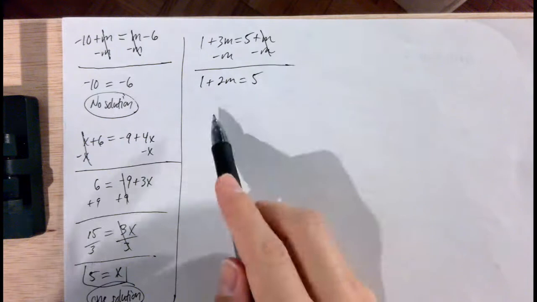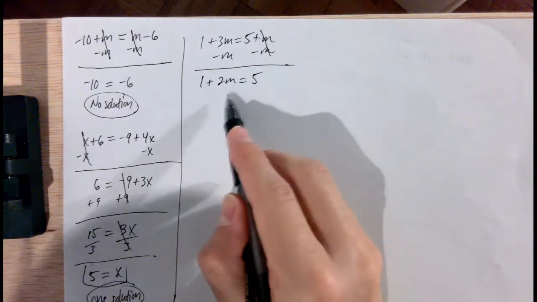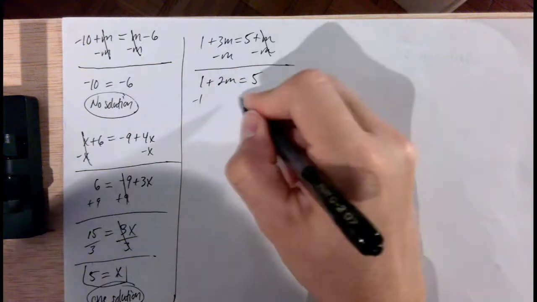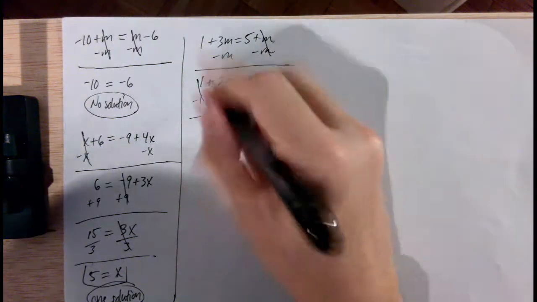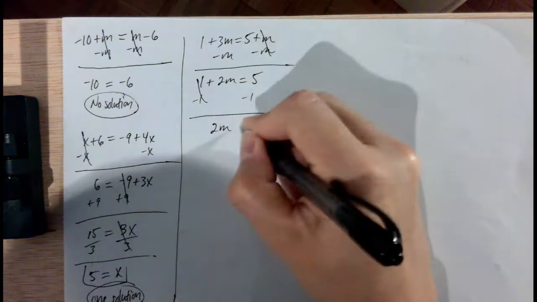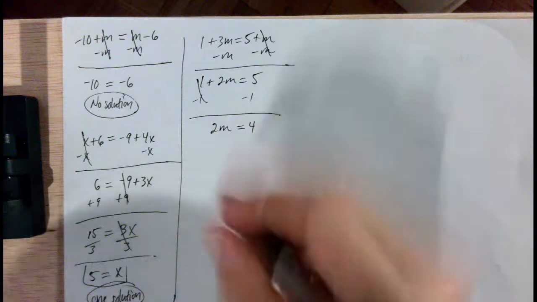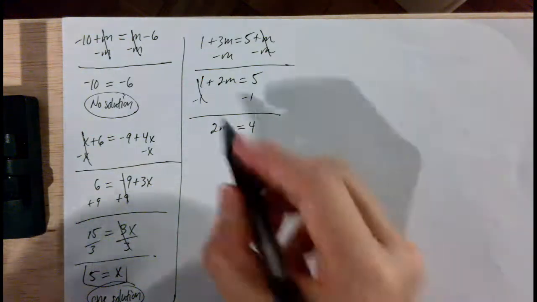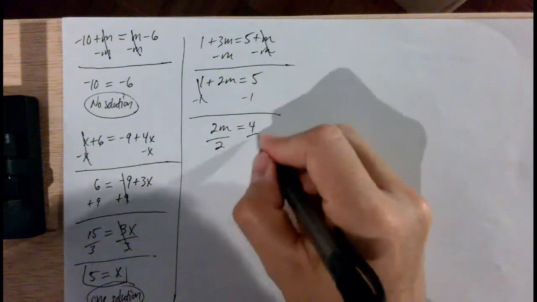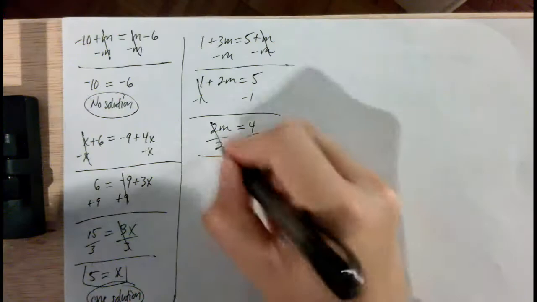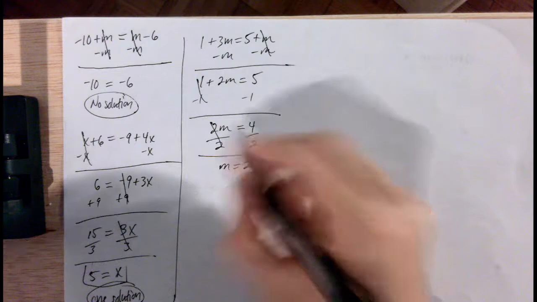And then these m's will cancel. This is a two-step equation. I want to isolate my variable, so I'm going to get rid of this 1 on both sides. The 1's will cancel. I'm left with 2m is equal to 4. This is a one-step equation. Divide both sides by 2. 2's cancel. m is equal to 2.